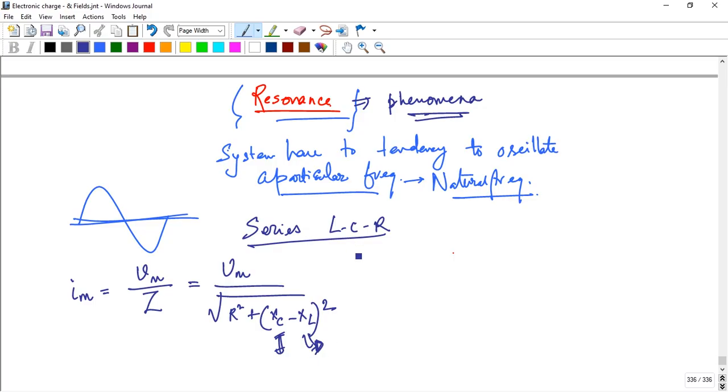These two are frequency dependent components, so omega varies. If Xc equals XL, then Xc means 1 over omega C, and XL equals omega L.